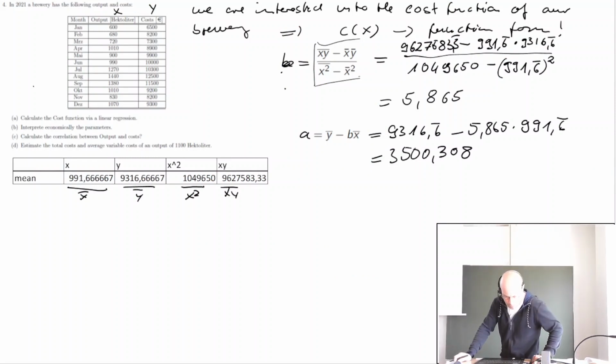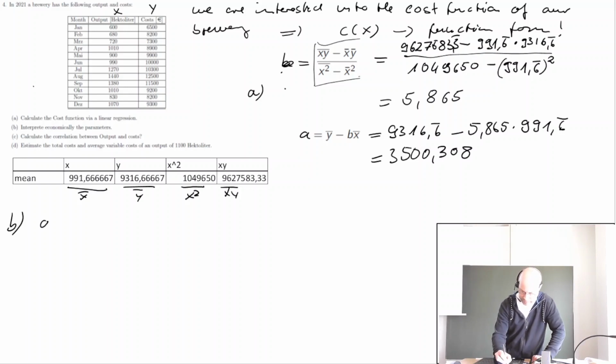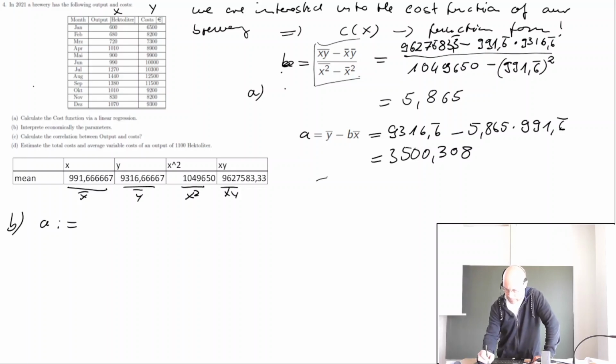Okay, so what else? Interpret these parameters economically. So this is A and B. What is the meaning of A? So actually, then we have our cost function.